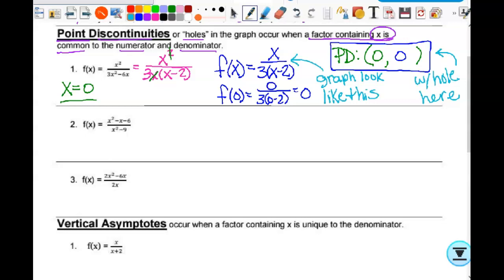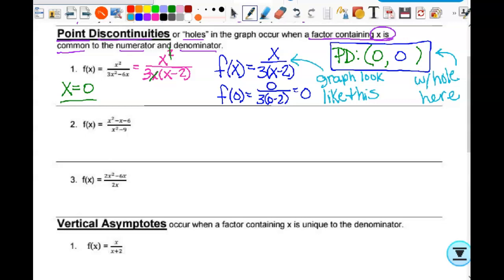So when you go to graph it, you actually graph your reduced function, but it has a hole at whatever your point discontinuity was. Okay? It is a hole in the graph, but is considered a point discontinuity or a removable discontinuity. Okay. Everybody good so far? Yes? Okay.